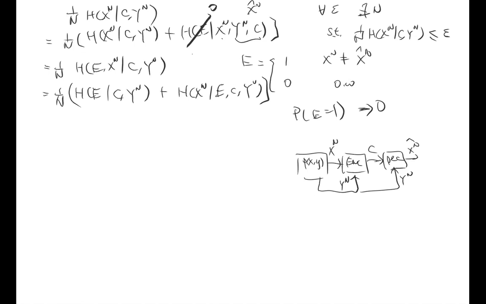Now, first of all, for this guy here, E, it's either 0 or 1, so it's a binary variable. So what is H(E) bounded by?